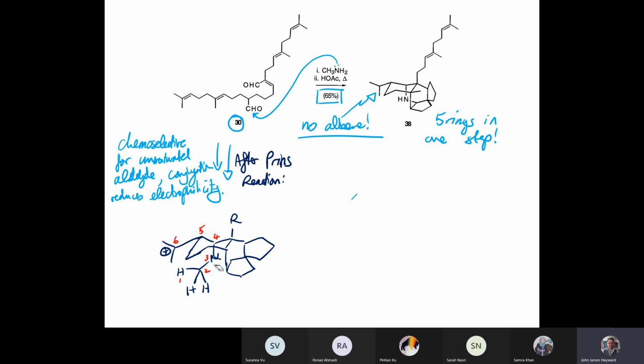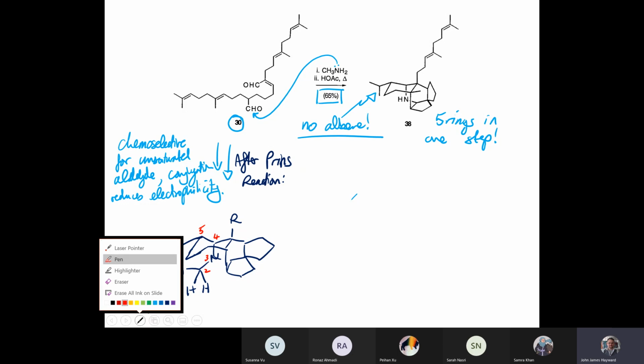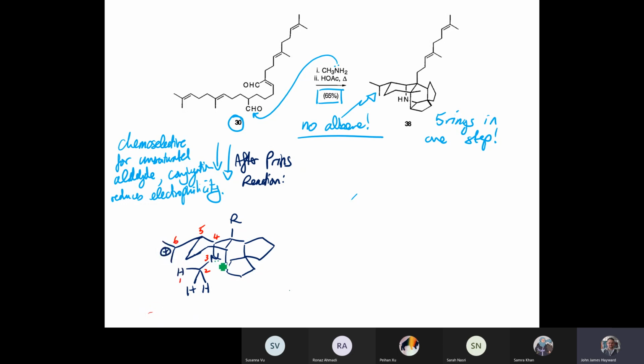And what ends up happening is that the lone pair on the nitrogen delivers the hydrogen to the carbocation. That then gives an iminium, which gets hydrolyzed by water to give the product 38.